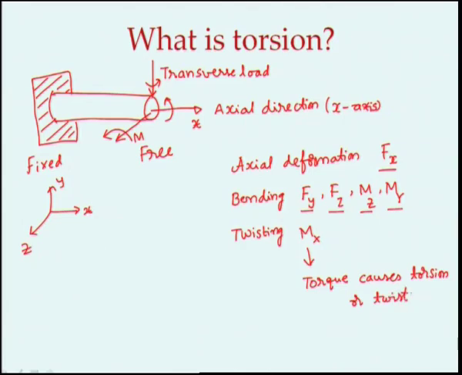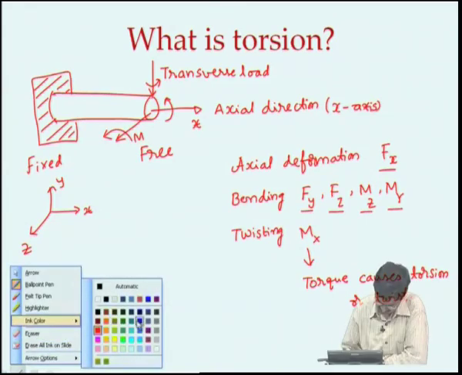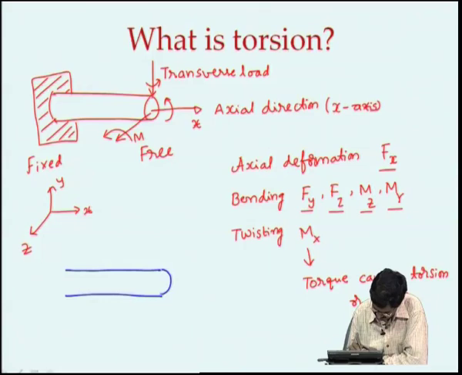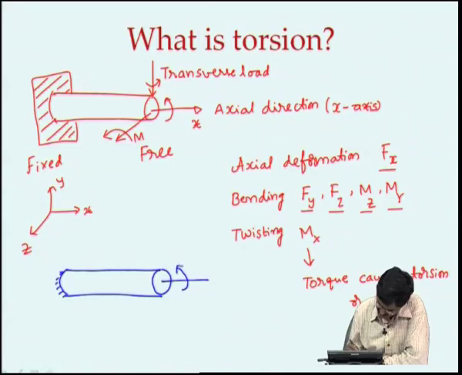So, this is familiar to all of us: if we take a shaft, something like this, it is a beam basically, and if we fix one end and apply a moment about this x axis, this is what we are calling the x axis here, up is the y axis, and going that way, perpendicular to the axis of the beam, is z.